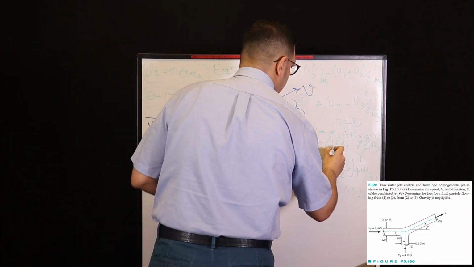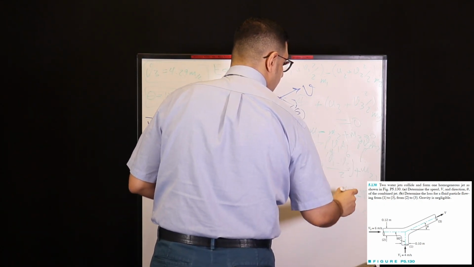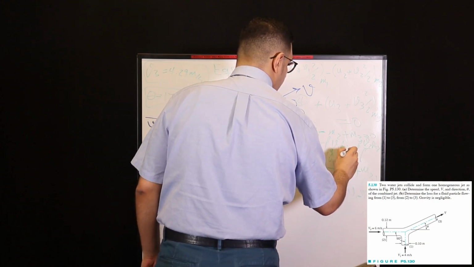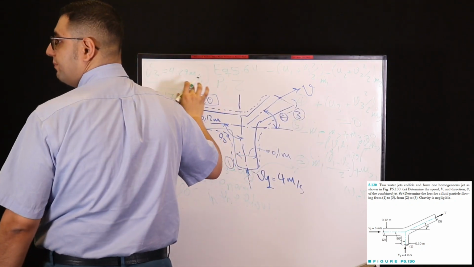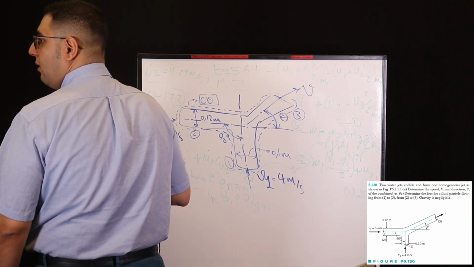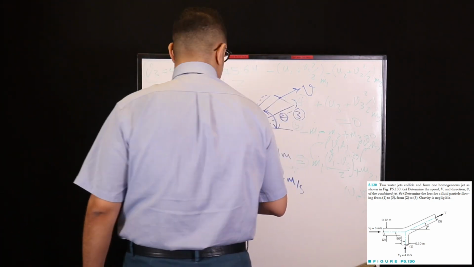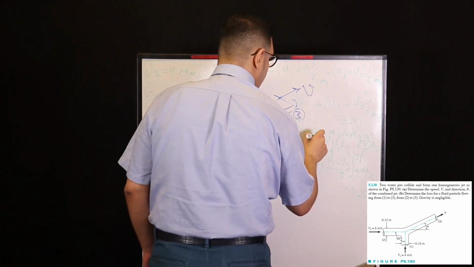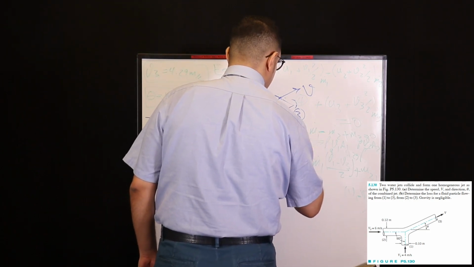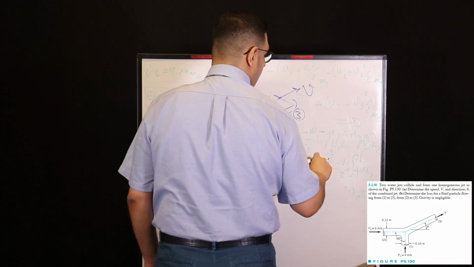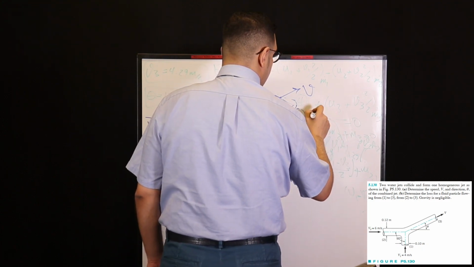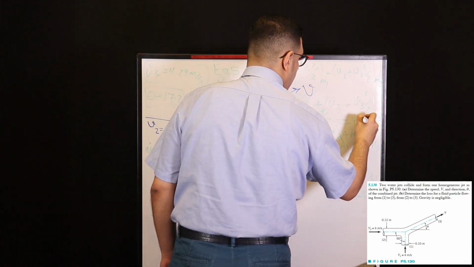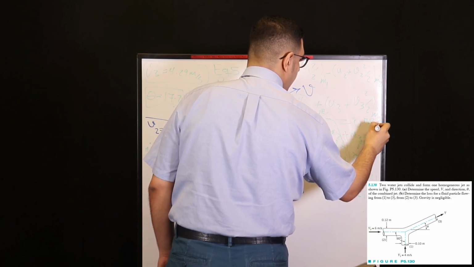V1 is 4, V2 is 6, and excuse me, V3 is 4.29 as here. And also the density is 999 kilogram per cubic meter, and the areas are pi D1 to power 2 over 4, and A2 is pi D2 to power 2 over 4.